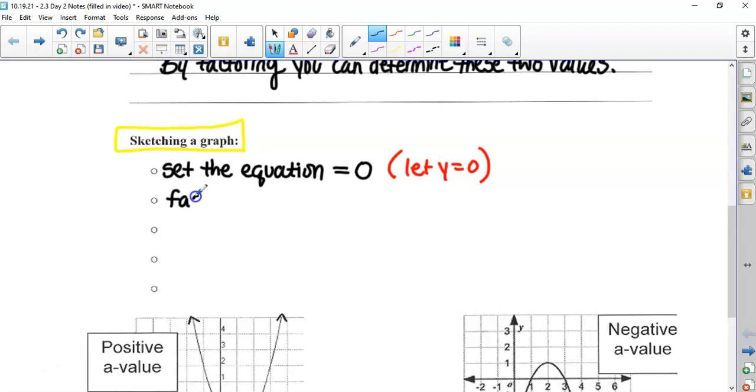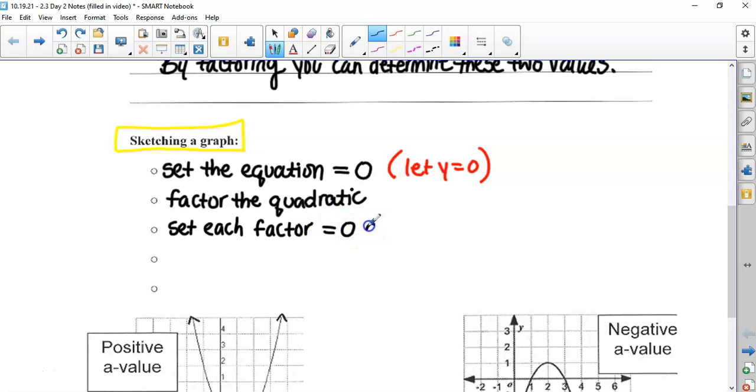Next, we are going to factor the quadratic. Then we will set each factor equal to 0 and solve for x. These are your x-intercepts.